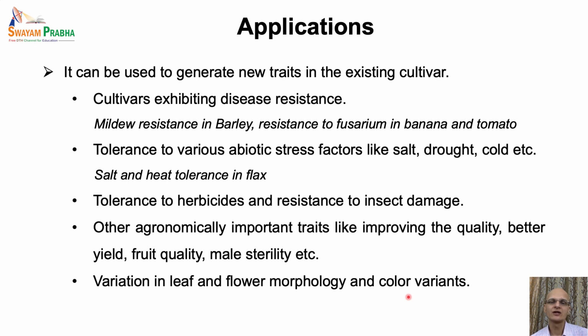So overall, somaclonal variations have proved to be a good source of variation, which is useful for modifying existing characters or even introducing novel traits that never existed in those plants. Indeed, several improved cultivars of important crops like sugarcane, barley, tomato, potato and banana have been released for commercial cultivation.